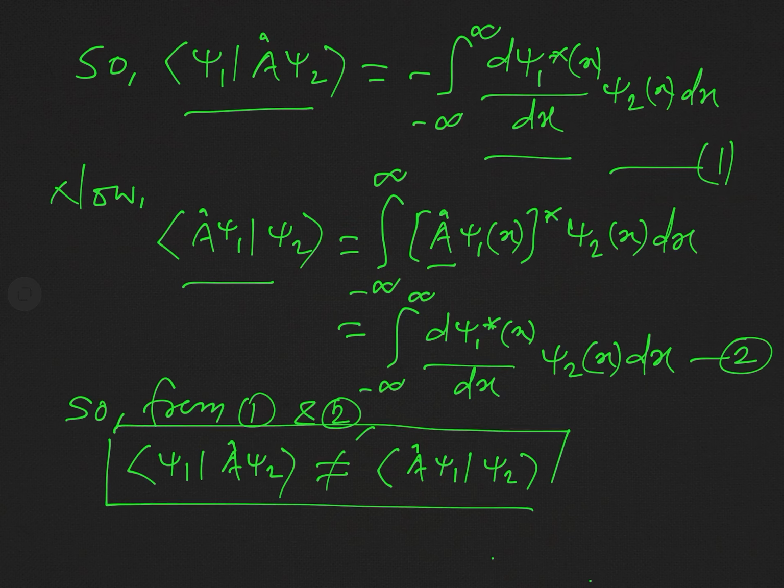These two are not equal, but we know if a hat is Hermitian, then these should be equal. It means a hat, which is in fact d dx, is not a Hermitian operator. Hence we conclude that a hat equal to d dx is not Hermitian.